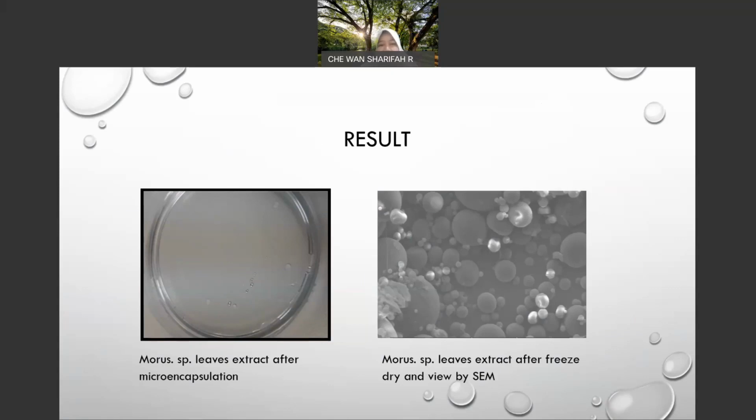Later, this product is observed by SEM at 20 volts to determine the size of the encapsulation. And you can see here the spiral shape of the microencapsulation.